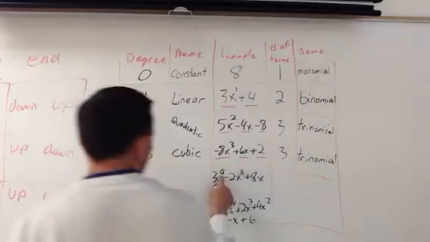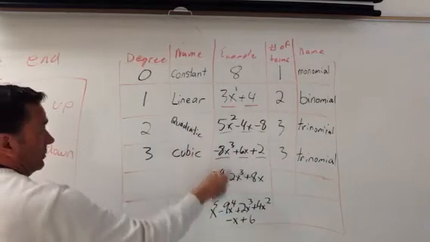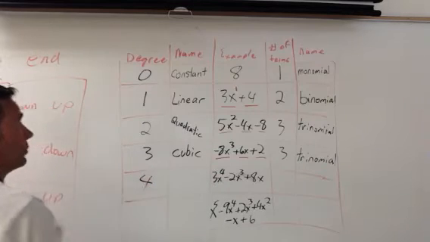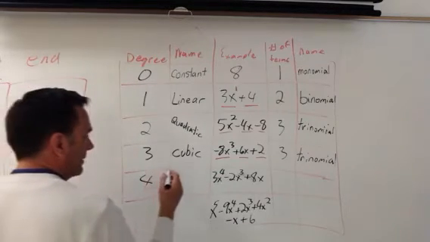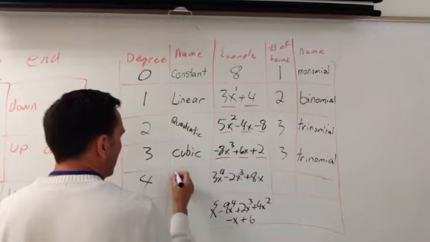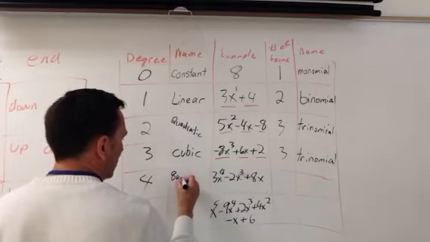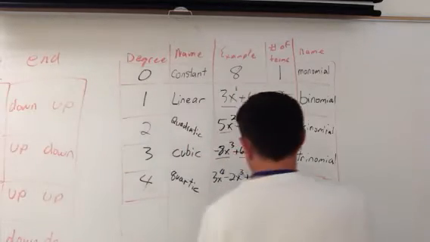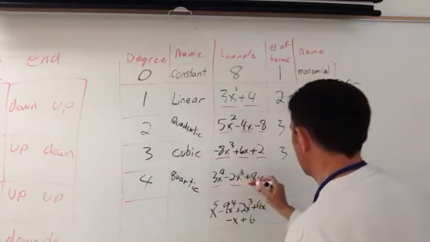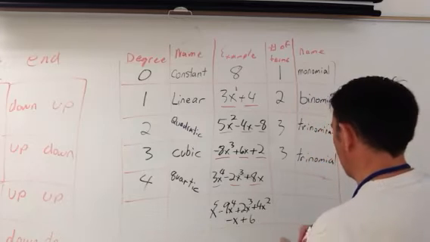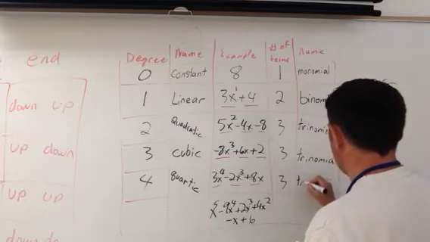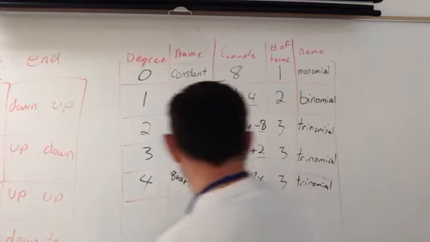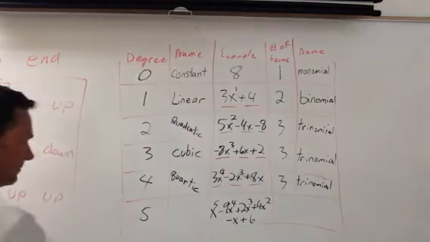Fourth one. Actually, the fifth one, I'm sorry. The highest exponent is 4, so that's a degree of 4. This is what we call a quartic function. And again, this has 3 terms, so therefore it's another trinomial. The last one we have, it's x to the fifth.